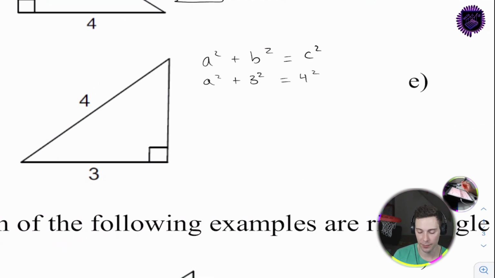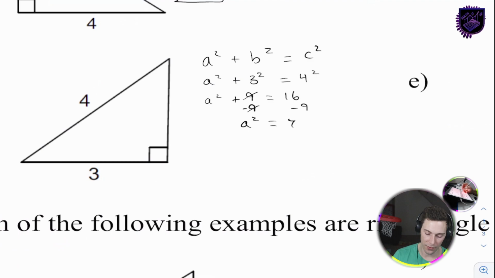When we square them, we get A squared, we get 9, and we get 16. So we can isolate A squared by subtracting 9 from both sides. On this side, it cancels out, leaving us with just A squared. On this side, we get 7.